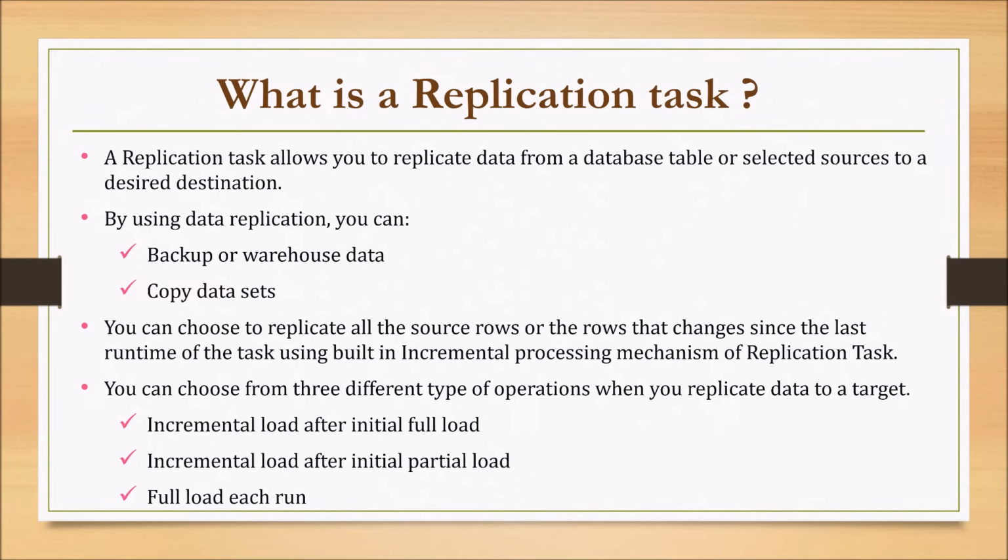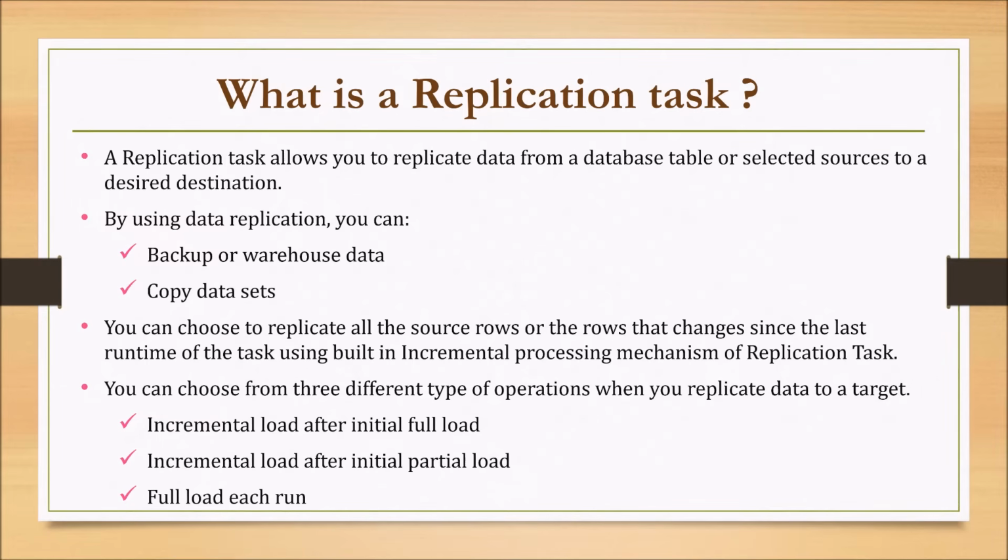The next question is, what is a replication task? A replication task allows you to replicate data from a database table or selected sources to a desired destination. By using data replication, you can back up or warehouse data and copy data sets.